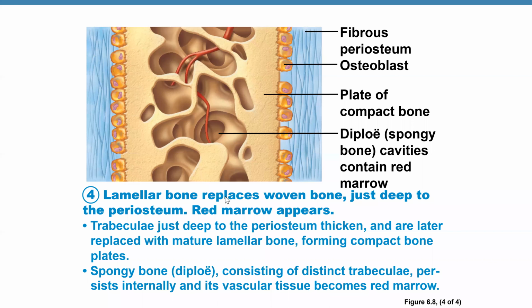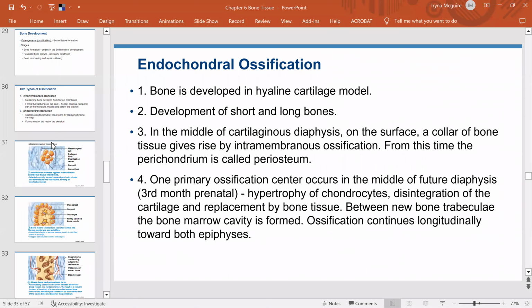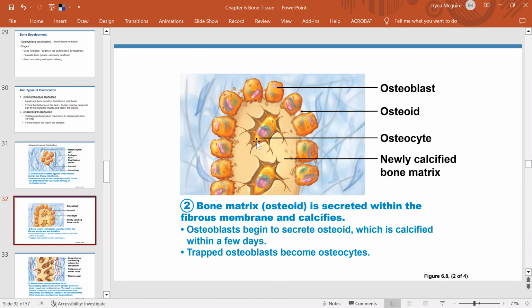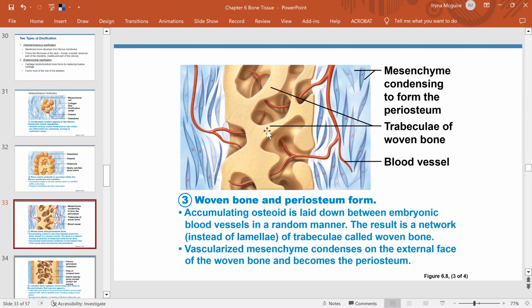So that's the end of intramembranous ossification, and we'll go over it very quickly. We form the ossification center when mesenchymal cells differentiate into osteoblasts. Osteoblasts start depositing osteoid, which calcifies. Osteoid is deposited in a random manner around embryonic blood vessels.